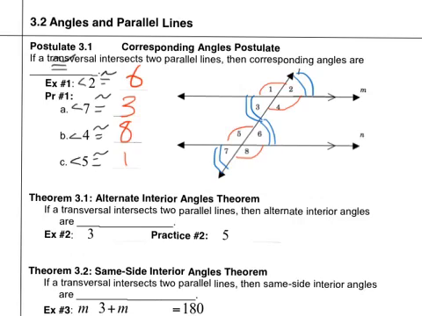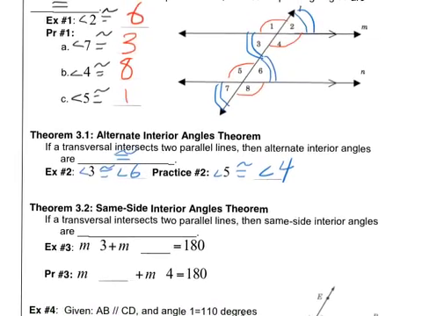So we could also know that alternate interior angles, which is what 3 and 6 are, or 4 and 5 are, are also going to be congruent, and that's this next theorem. It says if a transversal intersects two parallel lines, then alternate interior angles are, you got it, congruent. So that would mean that angle 3 is congruent with angle 6, and angle 5 is congruent with angle 4.